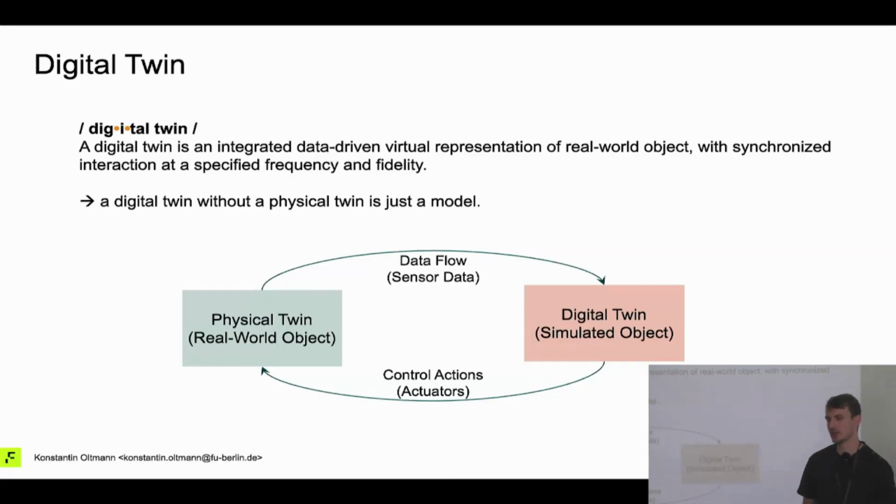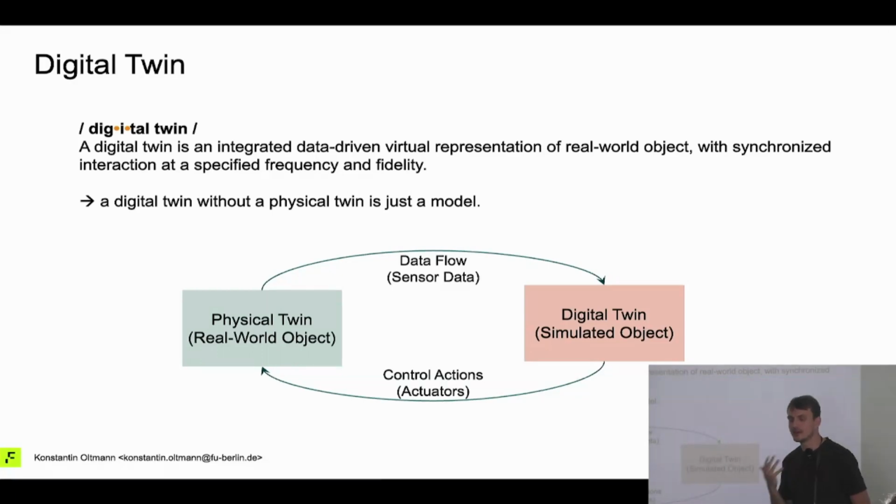So every change in the physical object is mirrored to the digital representation. And on the other hand, every action that can be simulated in the digital version can be executed on the physical object.